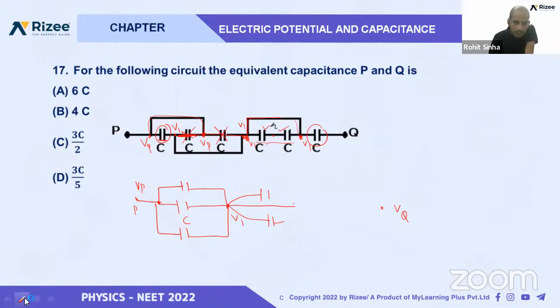They both are connected like this, and from here they are connected to V1. We are having one capacitor C here.